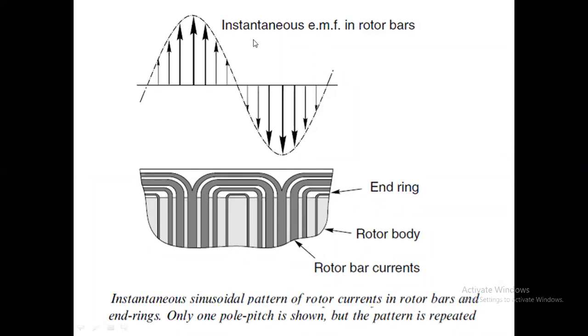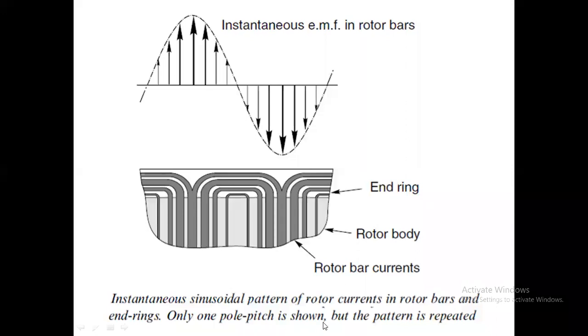This is the first diagram, the instantaneous EMF in the rotor bars. How EMF is induced in the rotor conductors, it follows the stator EMF, but the rotor current frequency is different. This figure represents the instantaneous sinusoidal pattern of rotor currents in rotor bars and end rings.